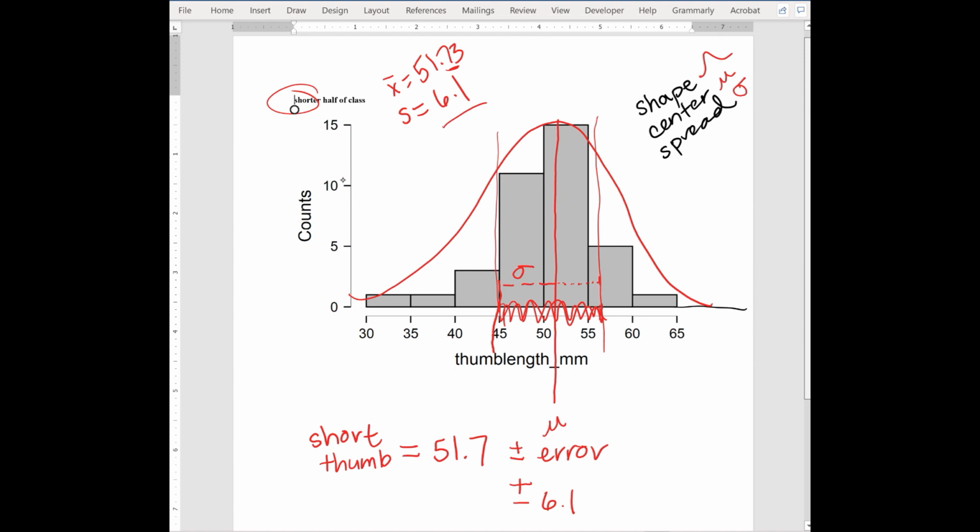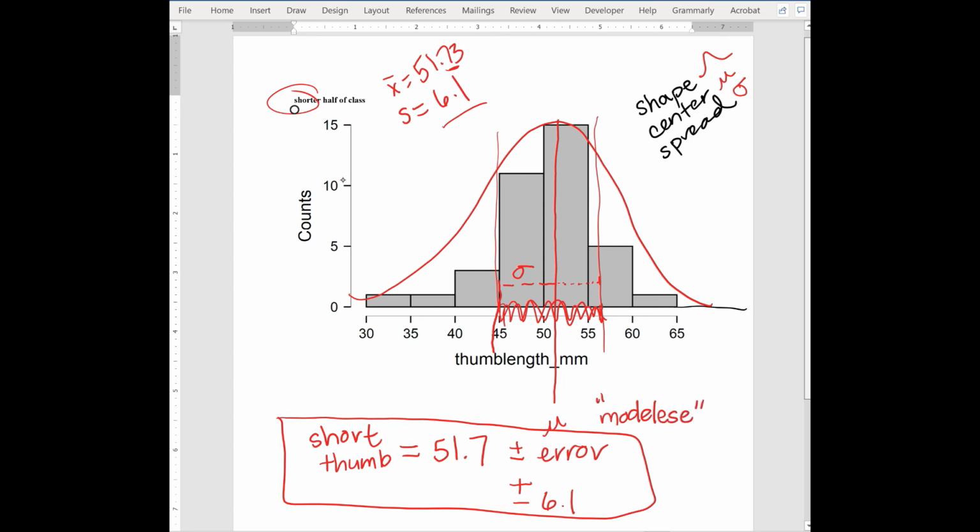So this Modelese, let me write that out just so you can see what I'm actually saying. I'm saying it like it's a language, Modelese. So when you see that, I'm talking about this kind of thing. That's the written version of our model for this population, and we can see the visual depiction of our model for this population on the histogram.